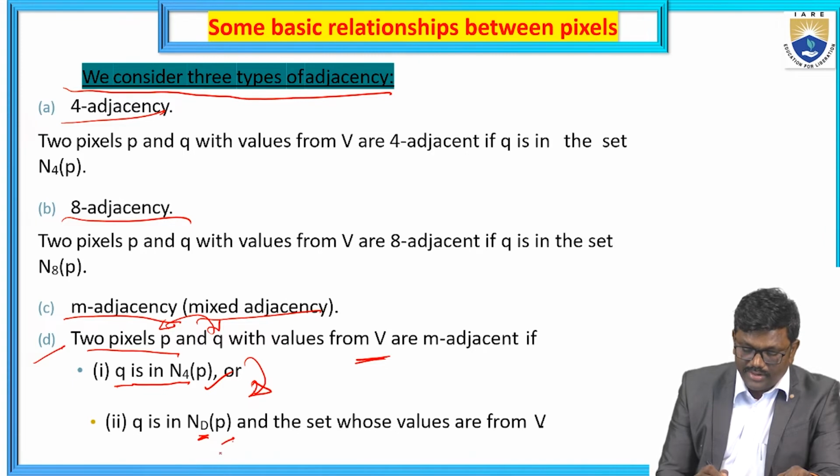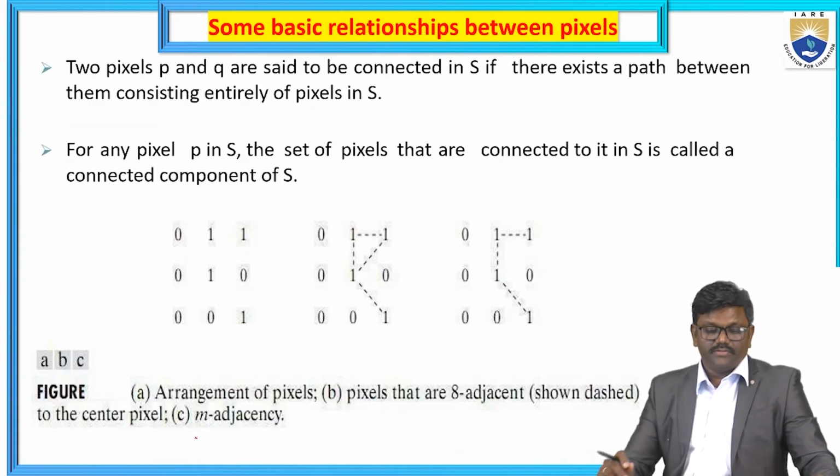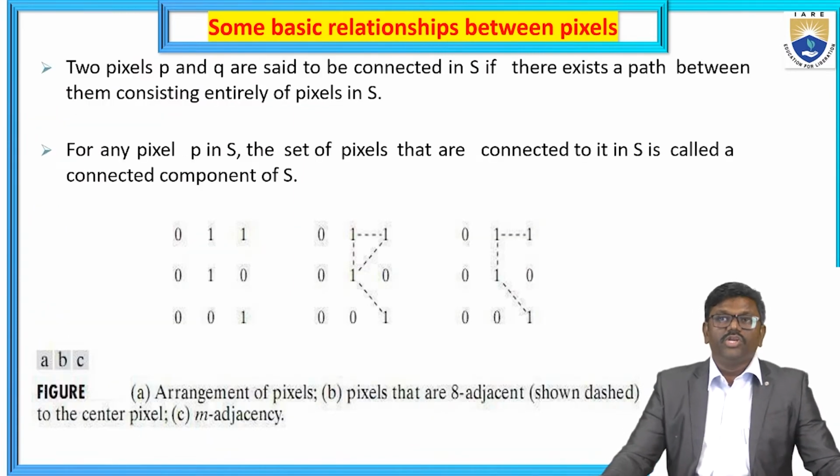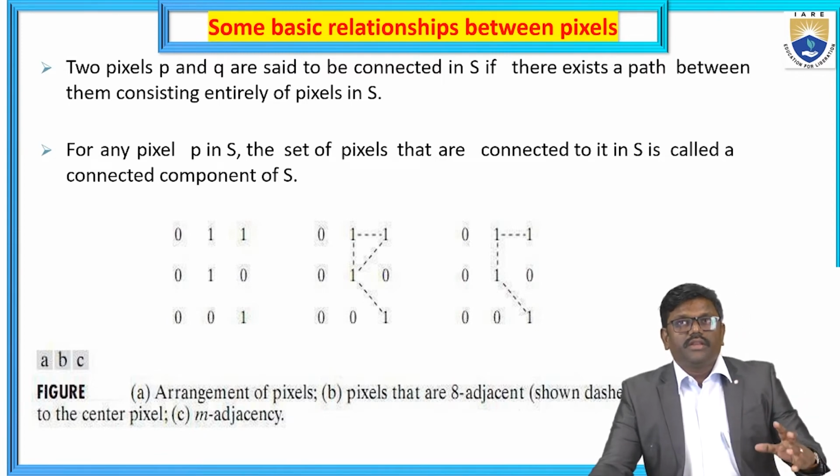What do I mean by d here? Here it is the set of diagonal neighbors of the pixels, whose values are from your valued image. We are going to see this here in detail.